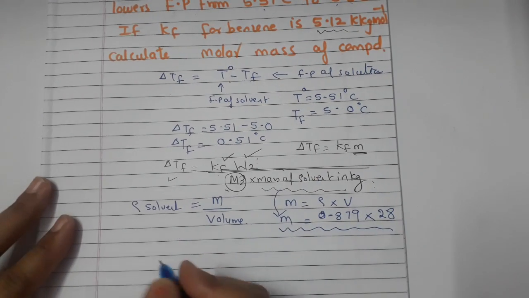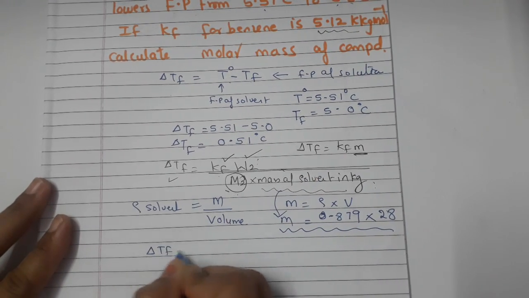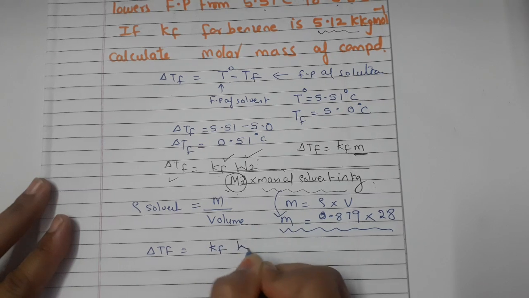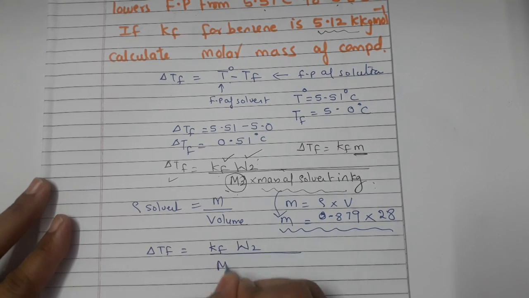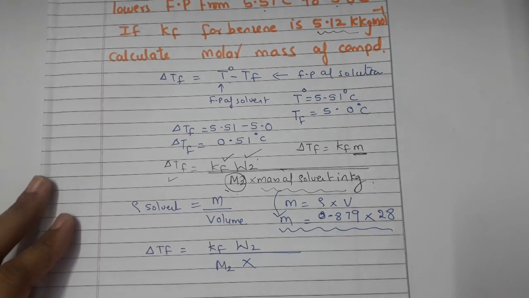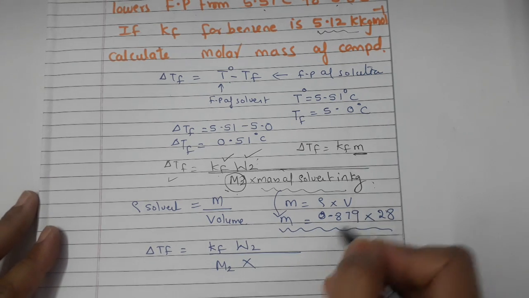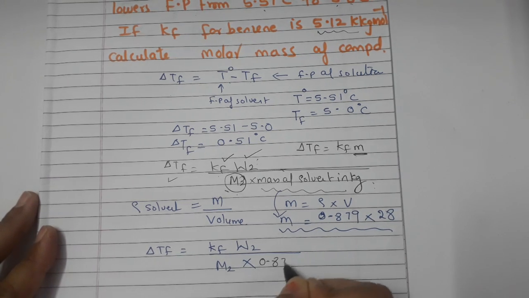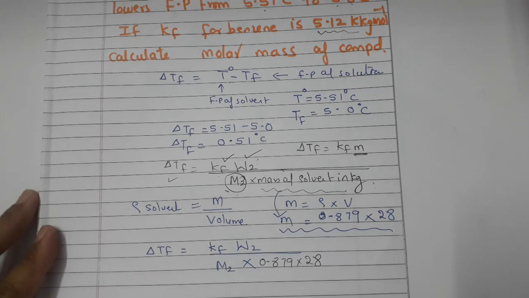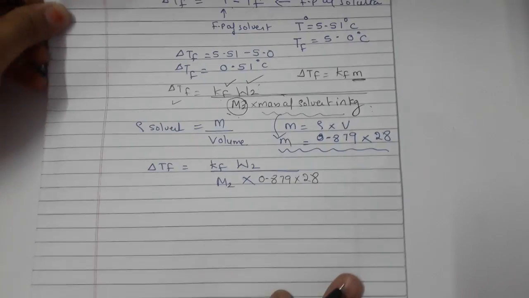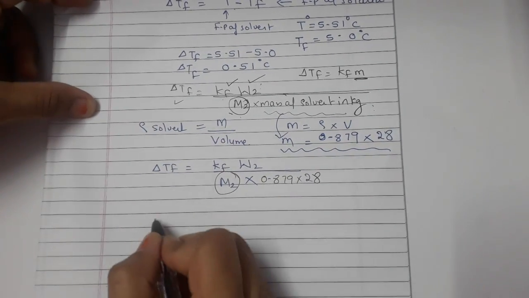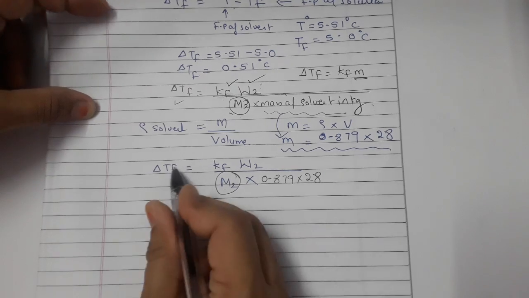Fine. So we are getting here delta Tf is equal to Kf W2 upon M2 into, just see what I am going to do now, I'll substitute this value over here, 0.879 into 28. Now since we have to find out M2, keep M2 on one side. M2 will go up.